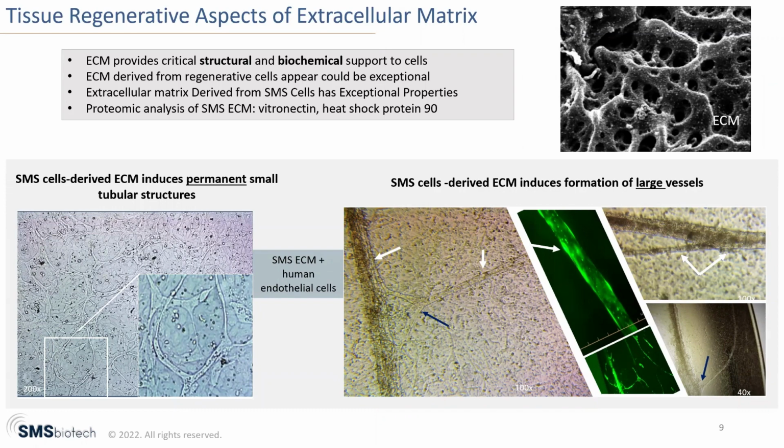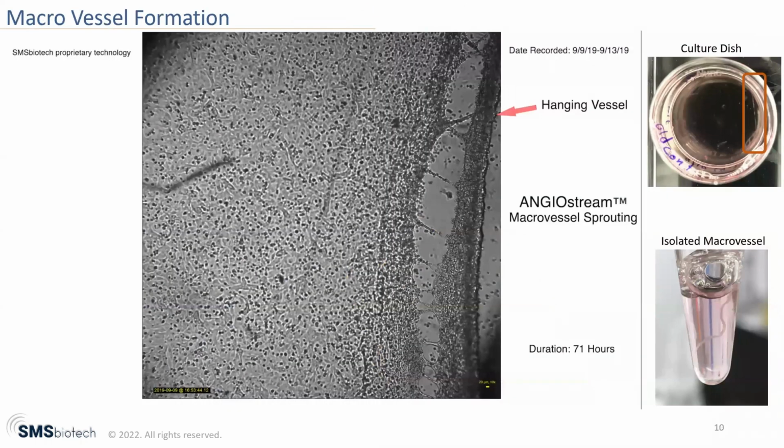That we can demonstrate in vitro. We can also demonstrate the formation of large vessels visible to the naked eye through the extracellular matrix produced by SMS cells. Those large vessels can be seen here in a video.